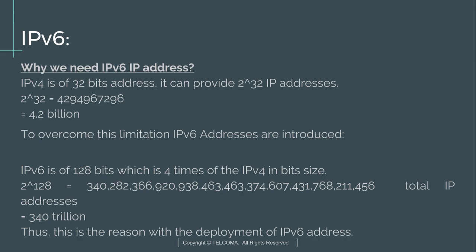As we discussed earlier, IPv4 is a 32-bit address and provides only 4.2 billion addresses, which are not sufficient to meet the demand of the devices connected to the internet. But IPv6 is 128-bit, which is 4 times the size of the IPv4 address, and it provides 340 trillion addresses, which are sufficient to meet the demand of new devices connected to the internet.